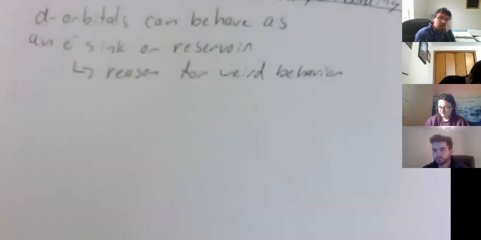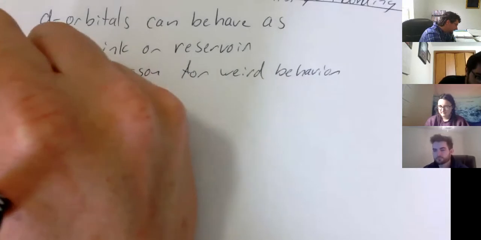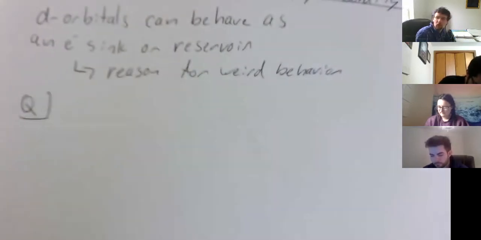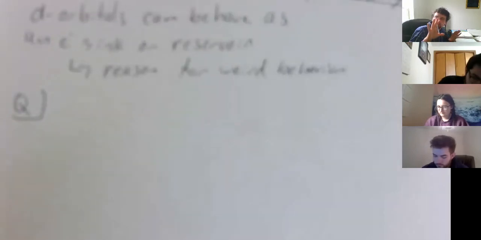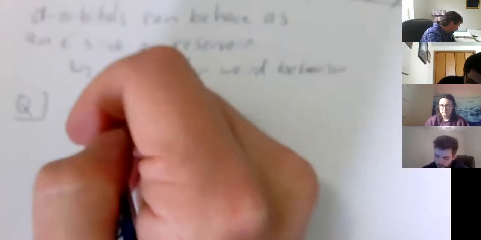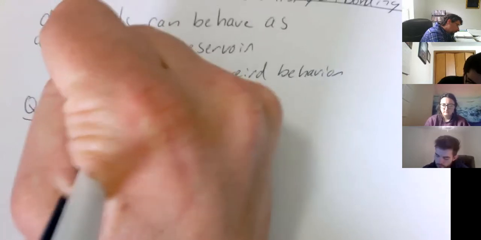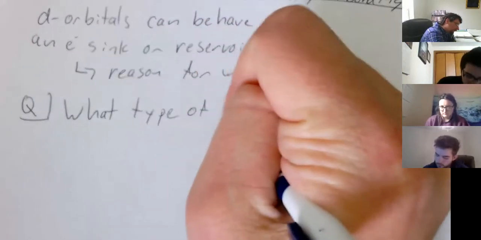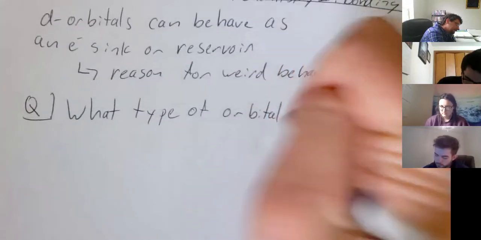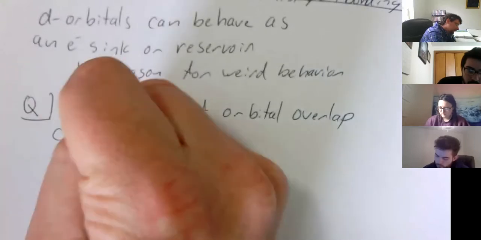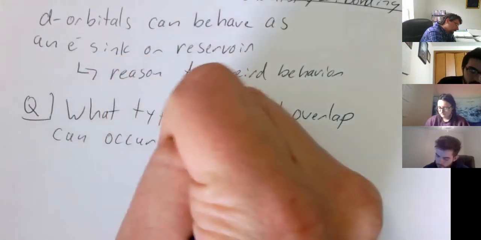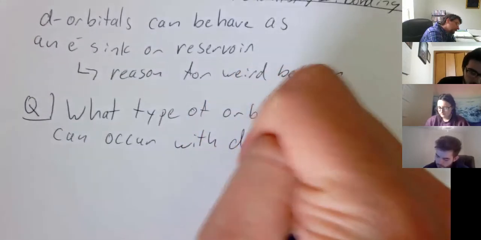Okay, so the first question we're going to ask is, what type of orbital overlap can occur with d orbitals?